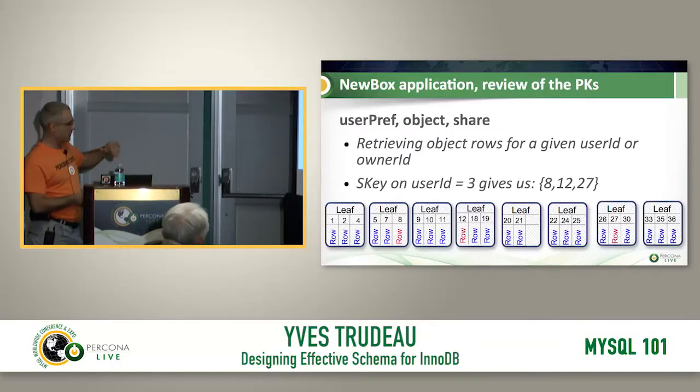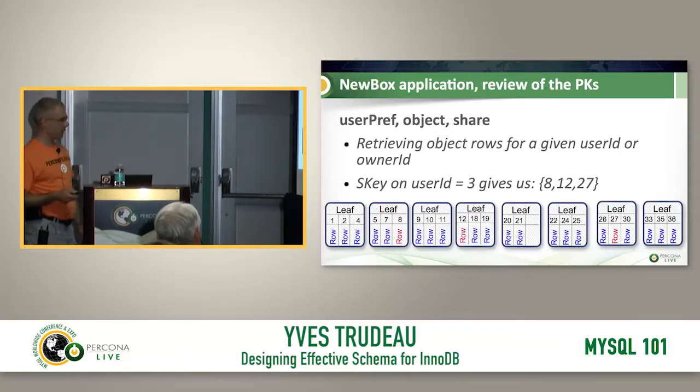So on the leaf level, that means 8 is here, 12, and 27. If my server is out of cache, so the buffer pool is, let's say, 32 gig, but I have 1 terabyte of data, very little of my data is in the buffer pool.